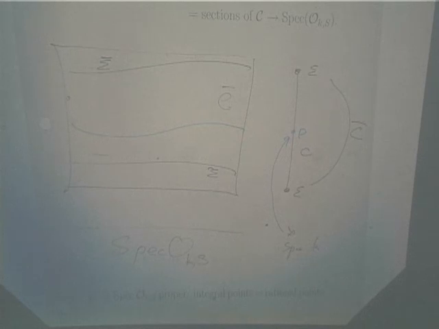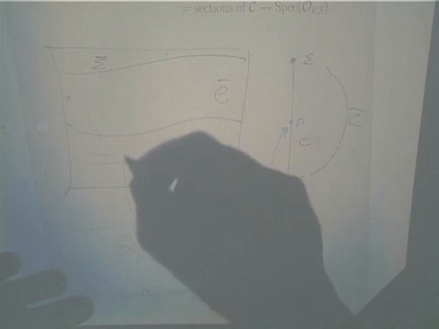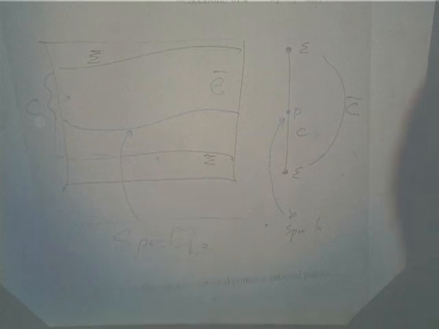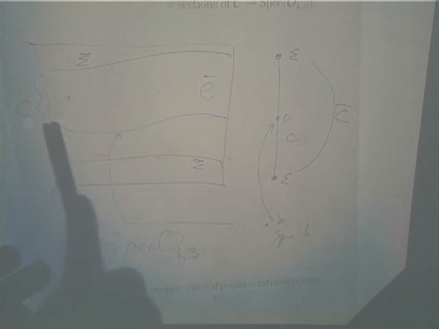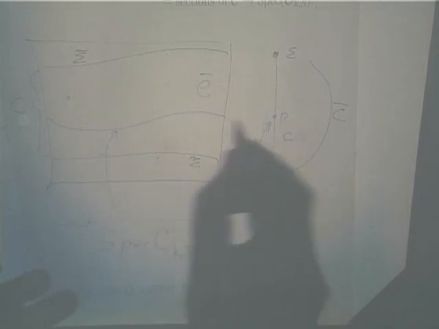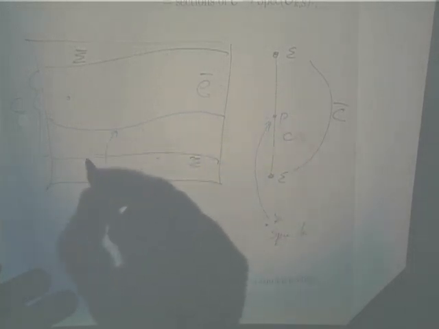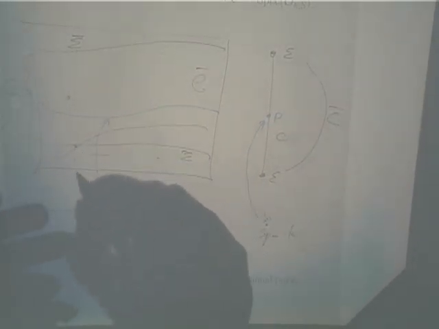But I declare it to be an integral point if it's a schematic point of this model C. So if it is really a section of the open part C, so it really lands in the scheme C, not C bar, in which I'm interested. These are exactly, to recall what Schinkel said, the rational points such that at every prime, the reduction of this point at this prime does not meet the points of sigma. So here's a non-integral point. This is not allowed.